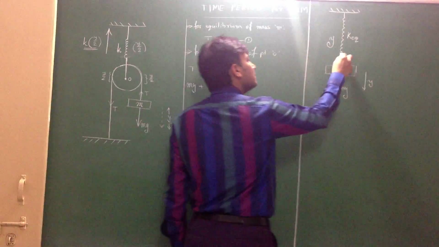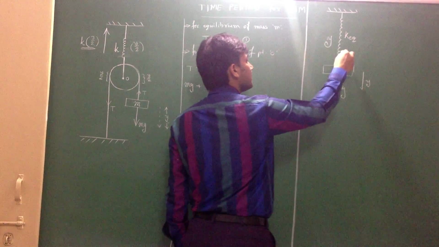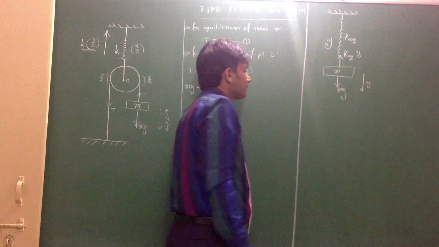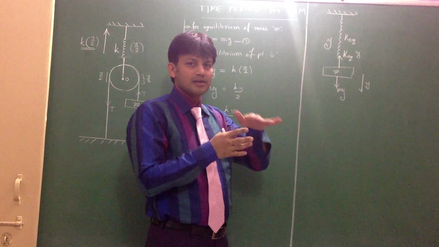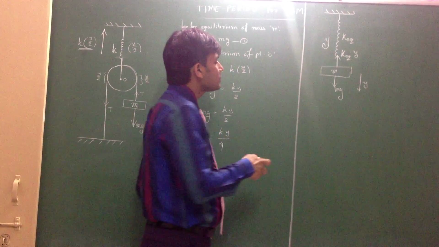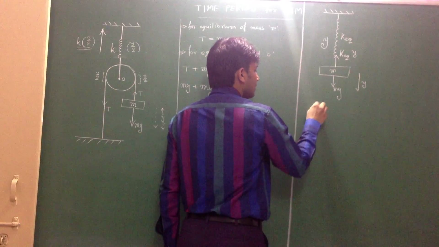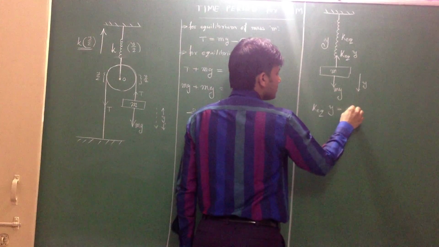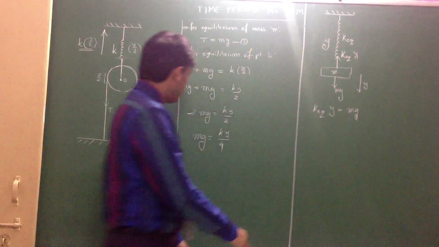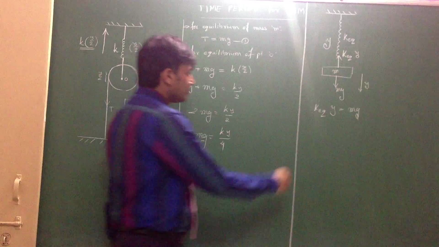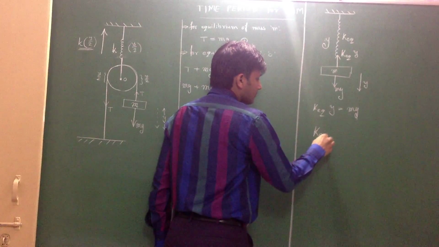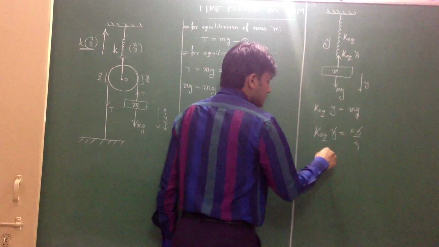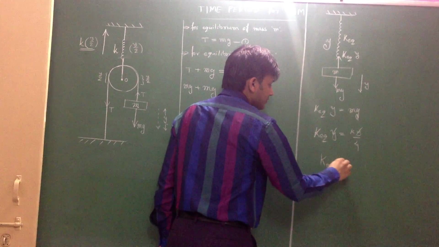So the restoring force produced in the spring is this much. Even this mass is at rest, it is in equilibrium, so I can write K equivalent times y is equal to mg, and this mg is equal to ky by 4. This y cancels, so we got an equivalent force constant.